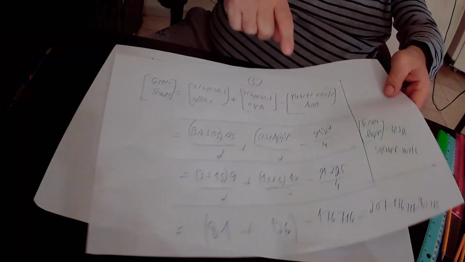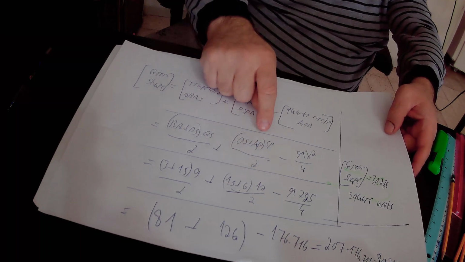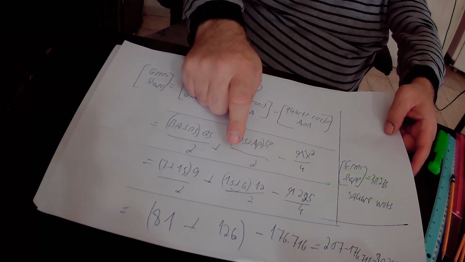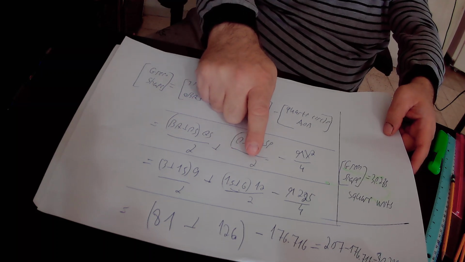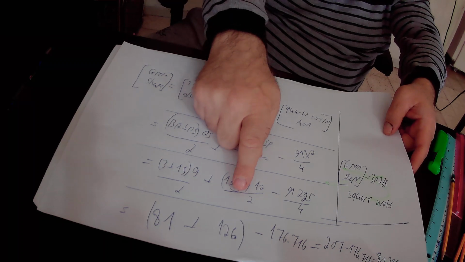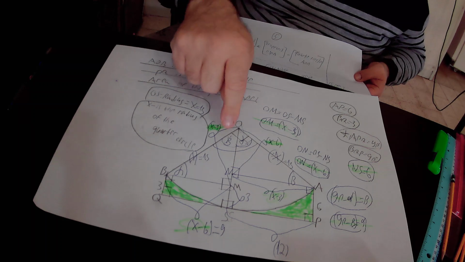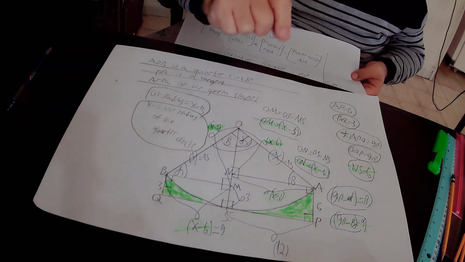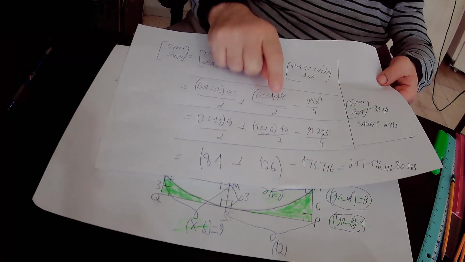So the height is SP, over 2. OS is 15, AP is 6, SP is 12, over 2. 15 plus 6 is 21, times 12 over 2, which is 6. 21 times 6 is 126. So we found out the area of this trapezoid OSPA is equal to 126 square units.